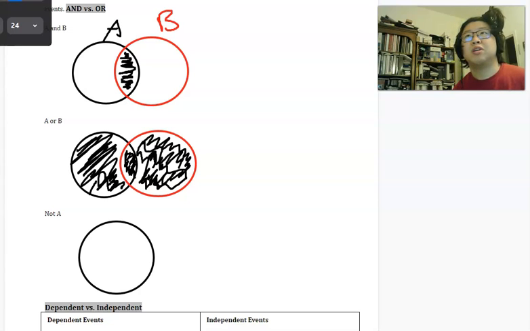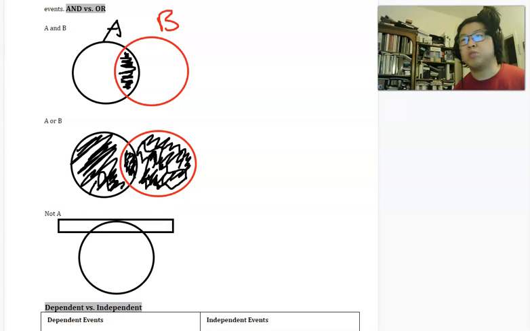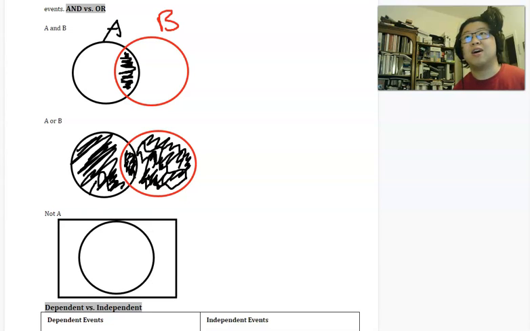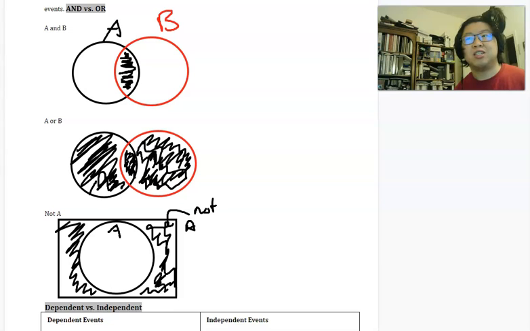Typically, we represent the sample space, which would be however much 100% is, by a box, where this circle represents the event A, but this out here represents not A. So anywhere outside in the box, but not inside the circle, represents not A. That's if you're talking single event, right? So I'm talking about outside the circle. And for the upper examples, you can kind of imagine a box encompassing A and B, and then being shaded outside would be your not A.